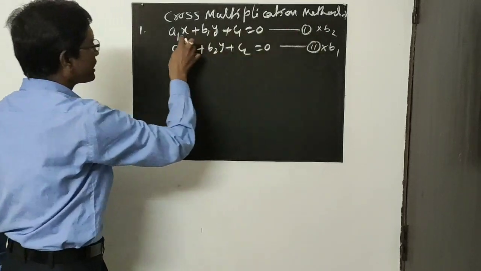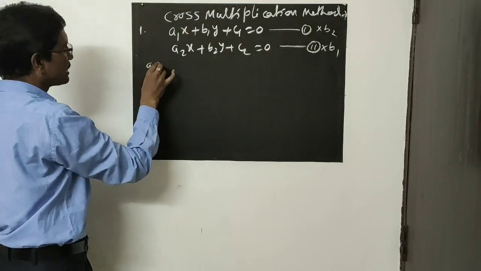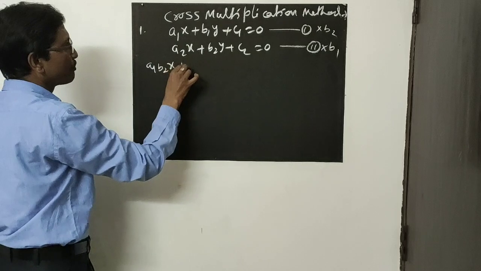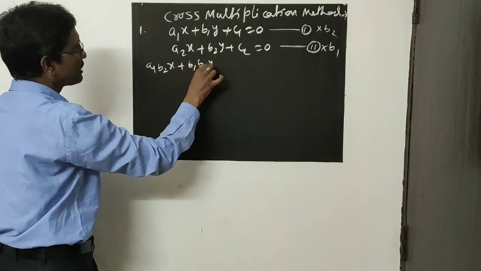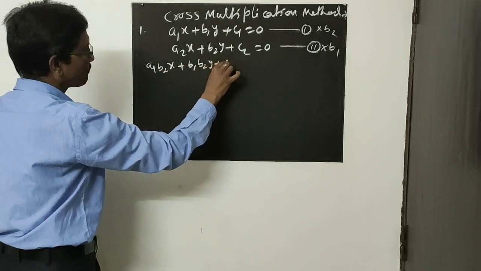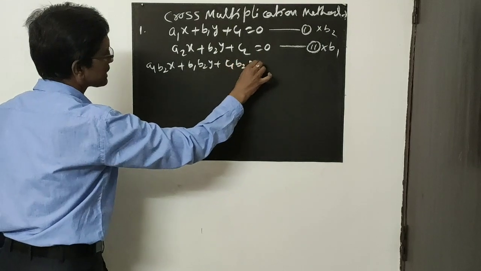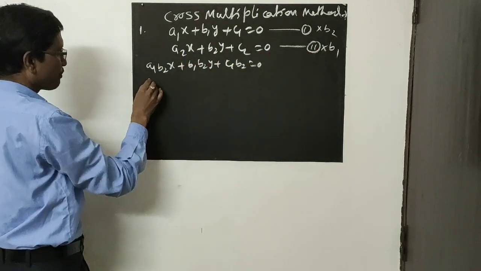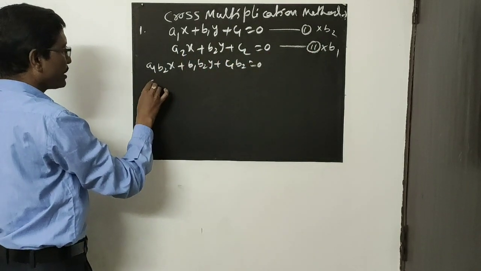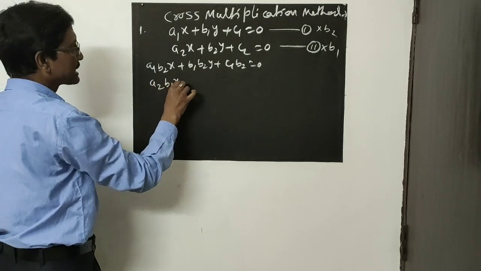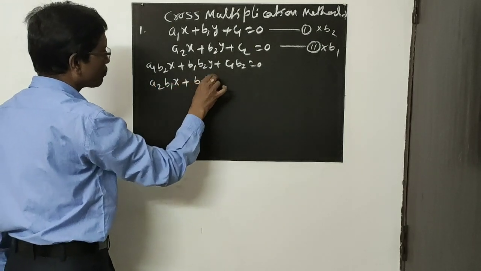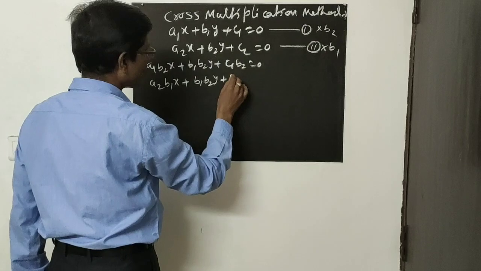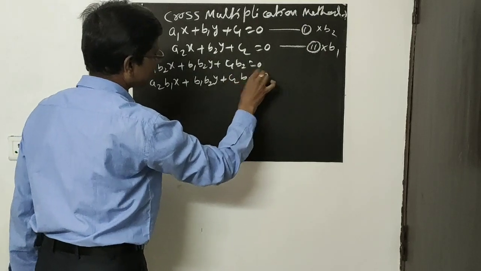If you multiply by b2, you get a1 b2x plus b1 b2y plus c1 b2 equal to 0, and by b1 you get a2 b1x plus b1 b2y plus c2 b1 equal to 0.